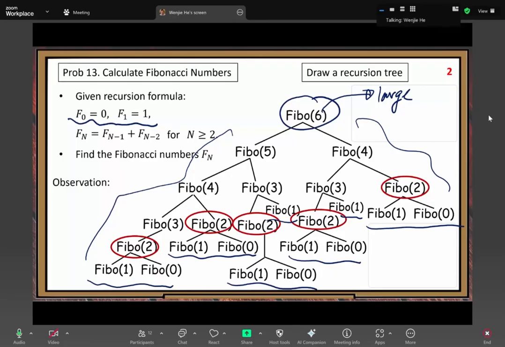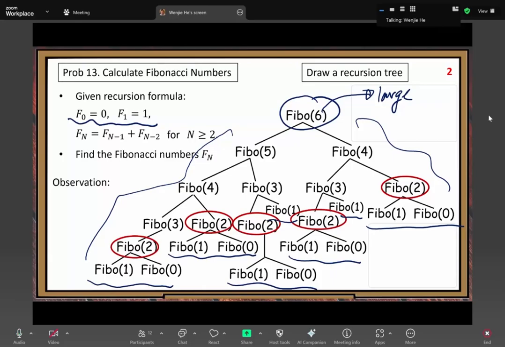So that's the reason you have an exponential efficiency function. Extremely slow. So now we understand why our first implementation is horrible. Useless.